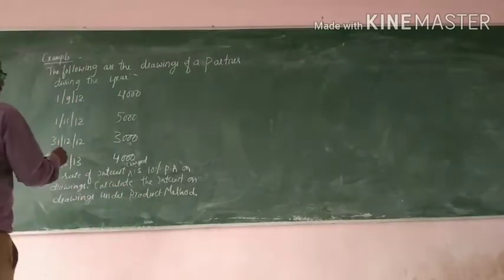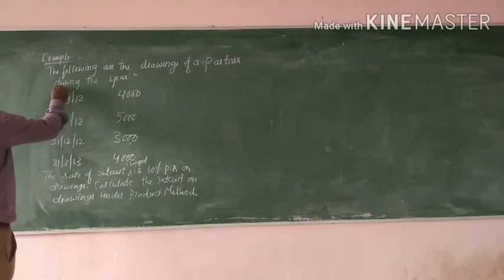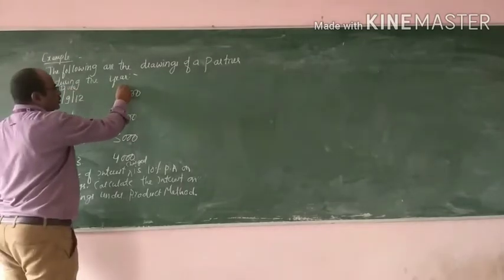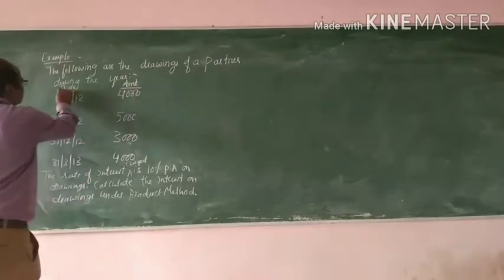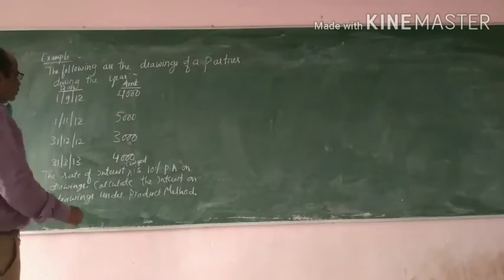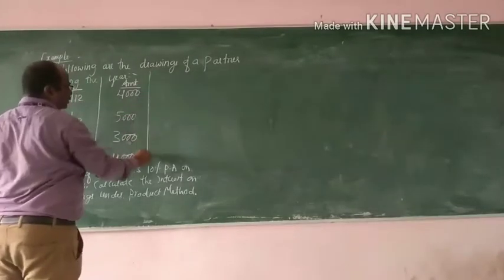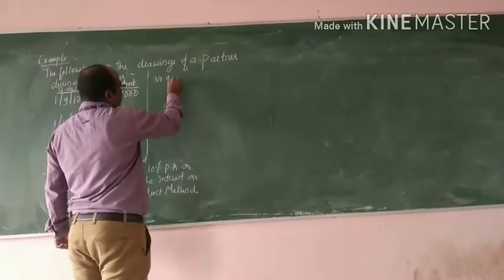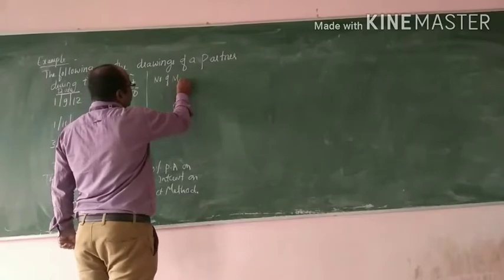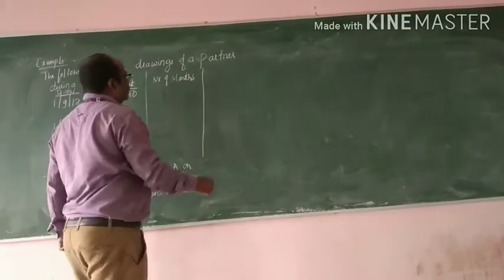So two pieces of information are already given here, that is date and amount withdrawn. So you are supposed to add two more columns, that is number of months and product.